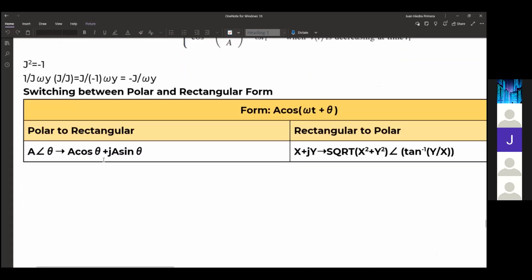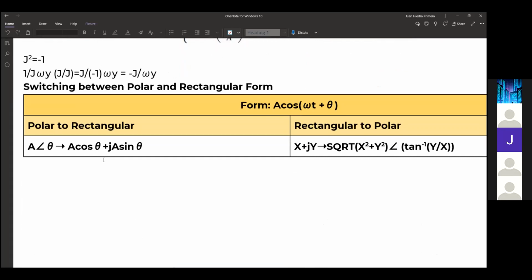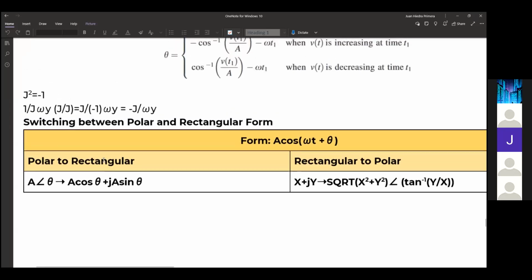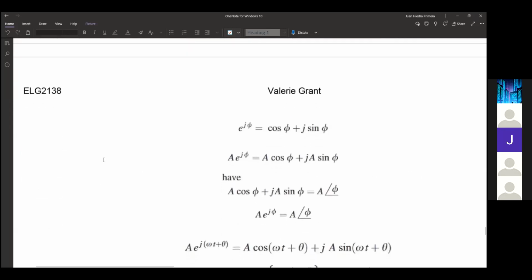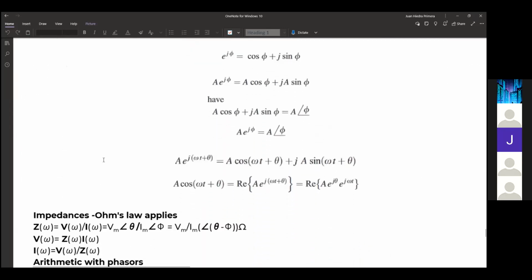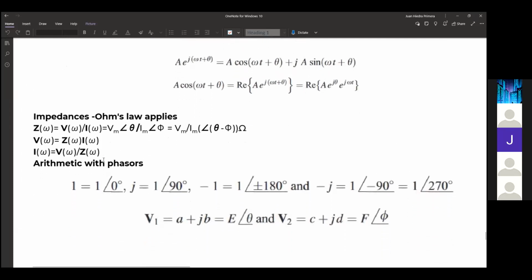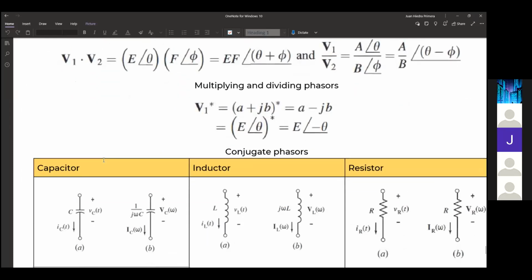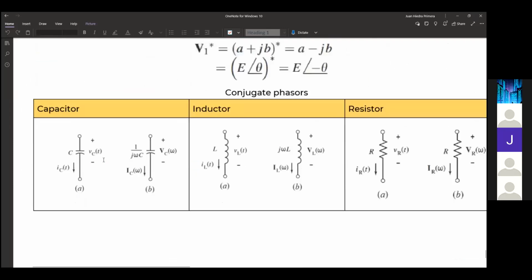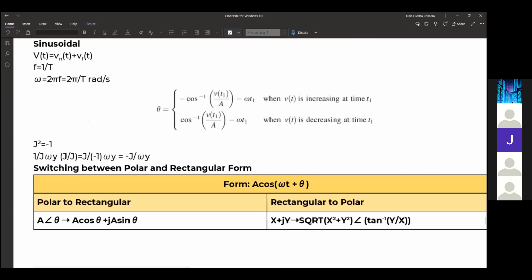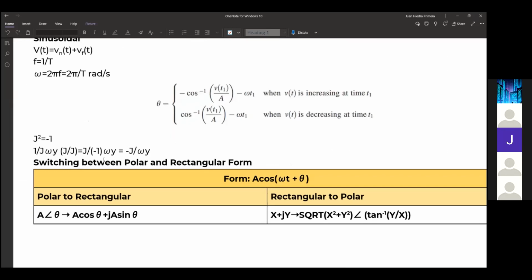Later on, you can convert that into a phasor with respect to the phase shift. Phasors are a pretty important thing, and we'll touch on that in a second. I'll be sure to include this in the one we put in the drive after.